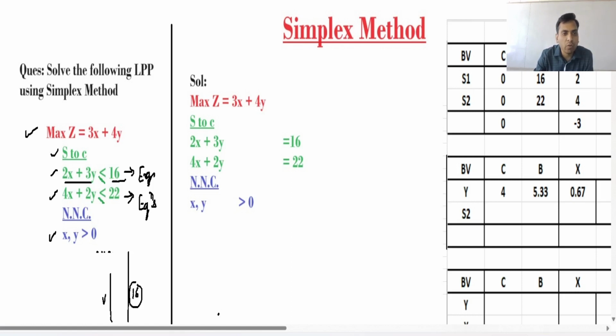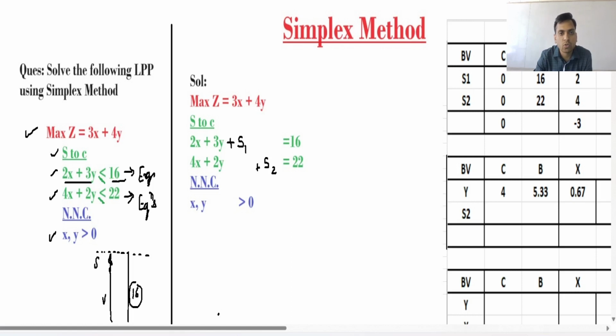So to equate these two parts, we need to add something in this first one, and this is considered as S. S is considered as slack variable. As there are two constraints, both are less than or equal, so first we will add S1 in the first constraint and S2 in the second constraint.